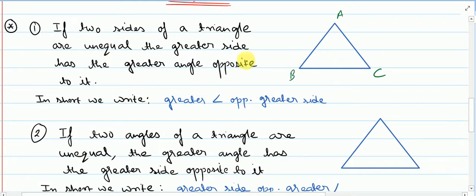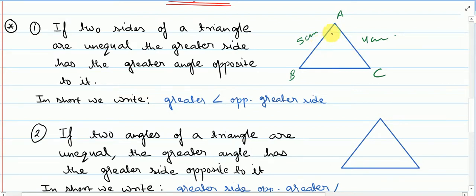In a triangle, if two sides are unequal, let's say AB is 5 centimeter and AC is 4 centimeter, clearly these two sides AB and AC are not equal. The one which is greater will have greater angle opposite to it.